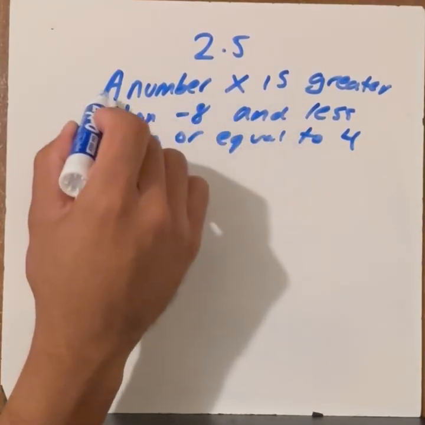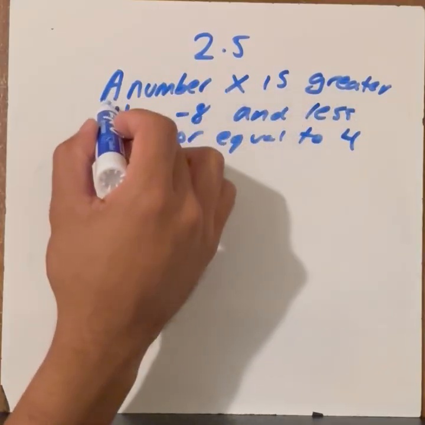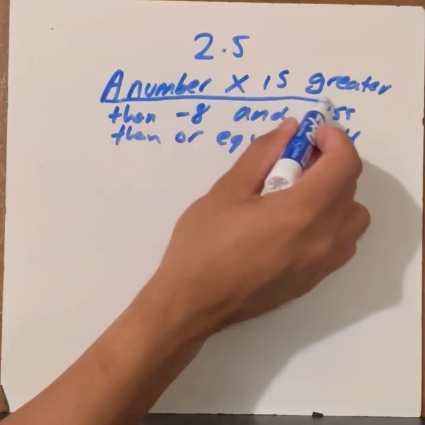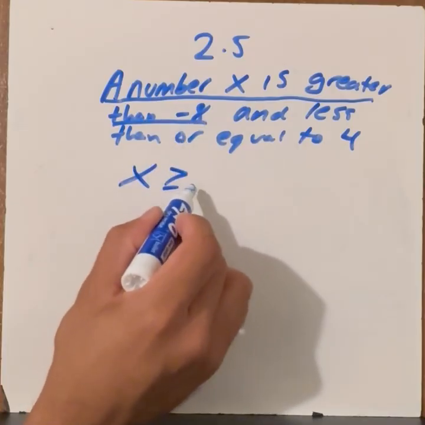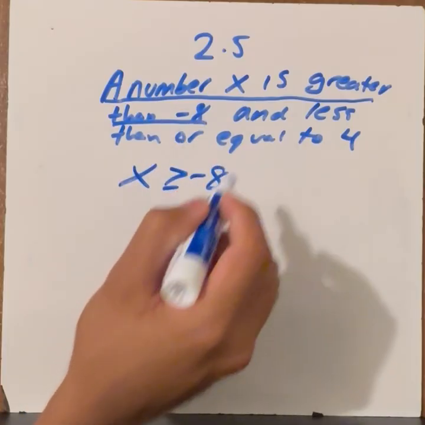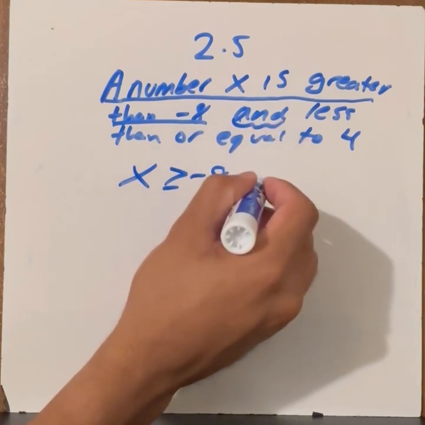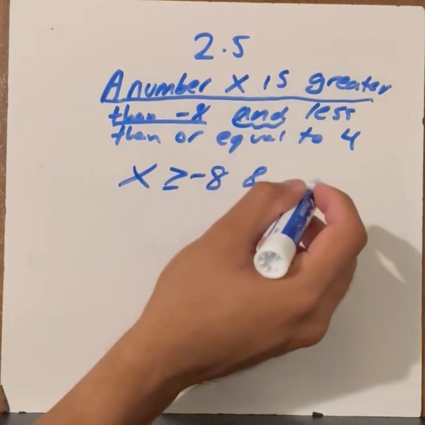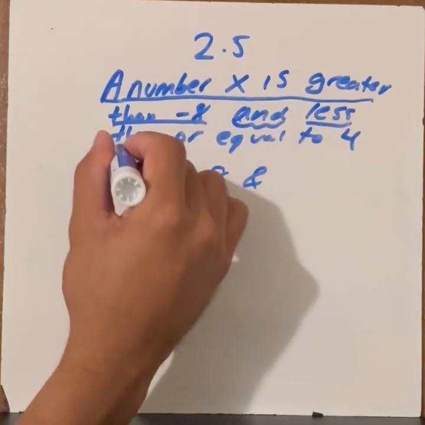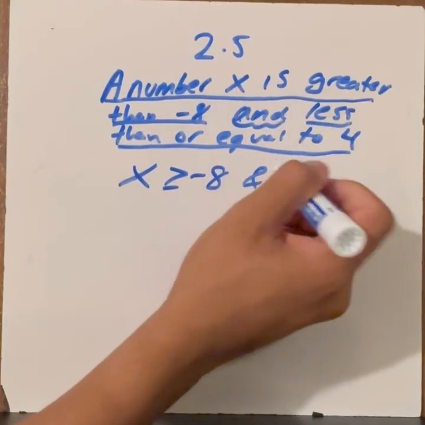The first one is that a number x is greater than -8. It says the word "and", which is the main word, we'll write that little symbol, and less than or equal to 4. So they're saying that x is also less than or equal to 4.